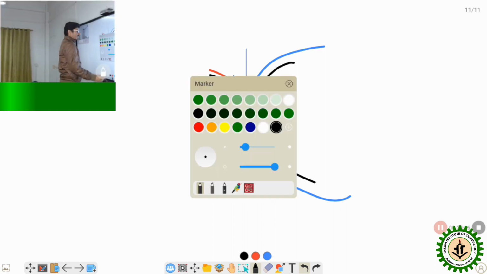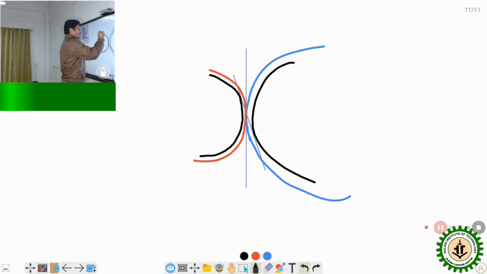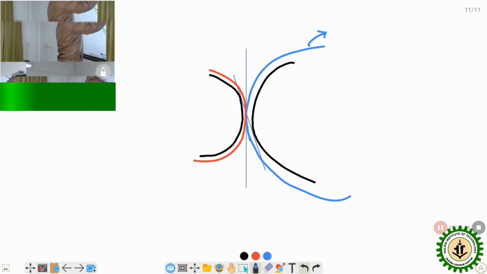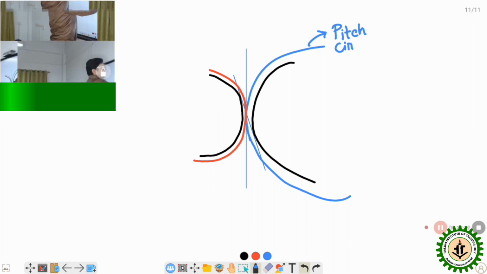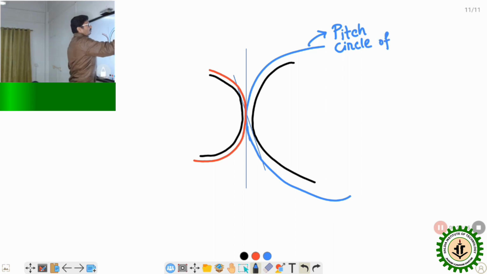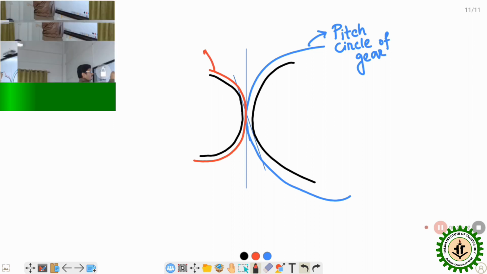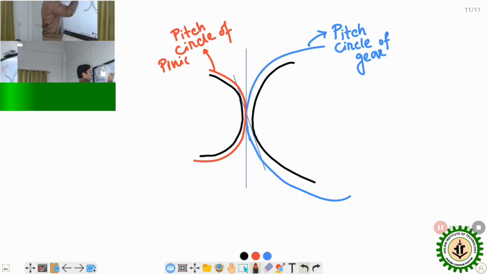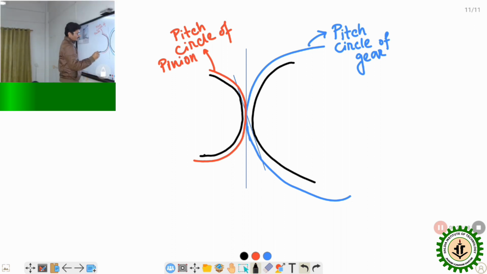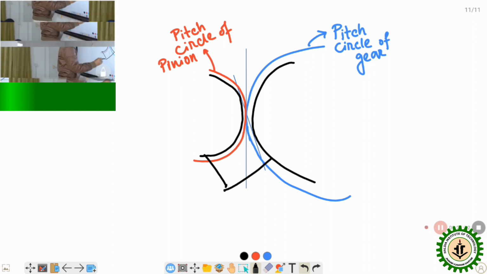Let me give the names of the circles. This is the pitch circle of the gear, this one is the pitch circle of the pinion, and these black circles are the base circles.